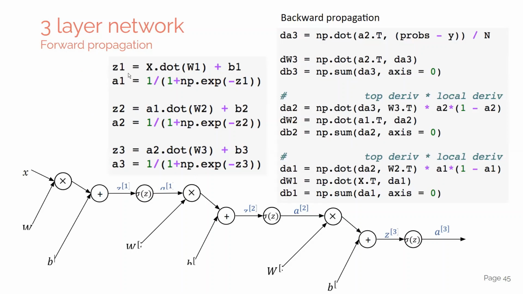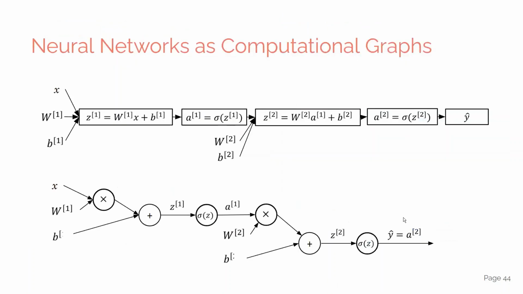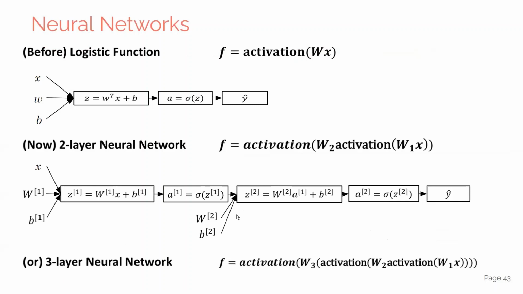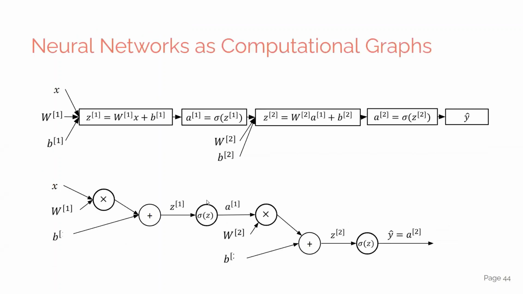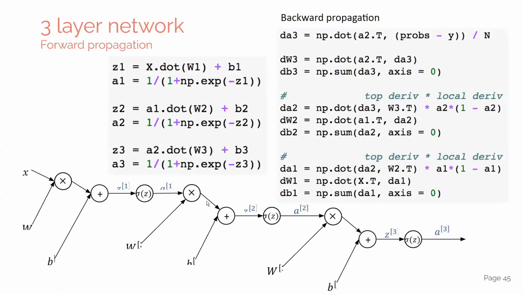We have computed Z1, which is now an input for A1. A1 is simply the output of your activation function. If we go back to the equation here, the sigmoid here is the activation function, applied to Z, basically all the nodes before that. So you're now applying the sigmoid function to the output of Z. And yeah, you just keep on doing that.